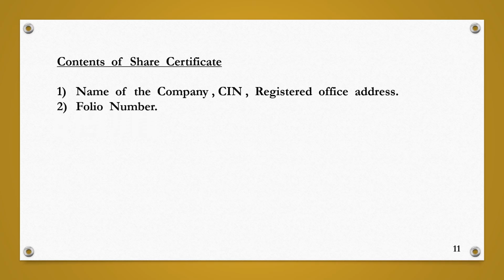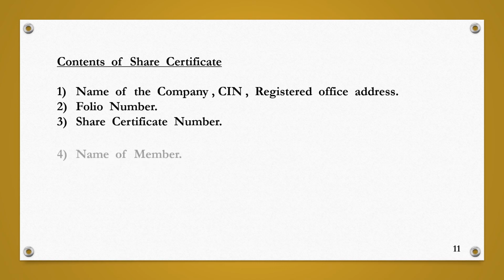Second, folio number. Folio number means number of the page of the shareholders register on which the details of a shareholder are recorded. Further, it should also include the share certificate number, the name of the member, the name of the registered shareholder.